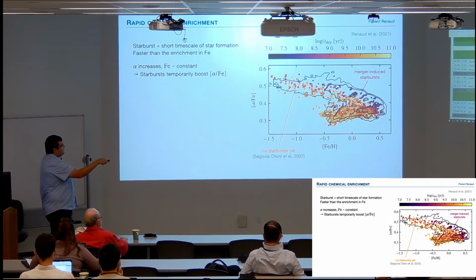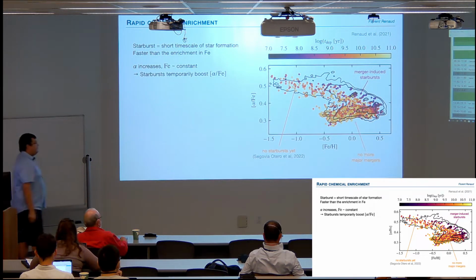Short depletion time, you go up in alpha over Fe. At some point, the type 1a supernova kicks in, and you go down. This is more or less what happened all the time when you don't have major mergers anymore, so after the last merger. And you can go to this low alpha over Fe sequence.